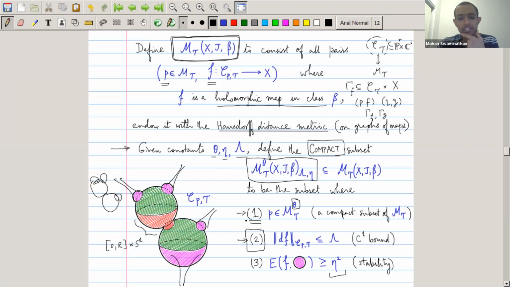Okay. You can see the second condition is obviously very important for showing compactness, because I will then be able to apply Arzelà-Ascoli. The first condition is also clearly important because then the set of points P themselves remain in a compact set. So what's the reason for condition 3?